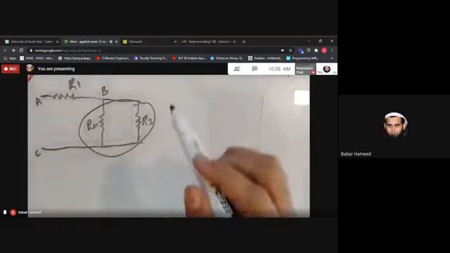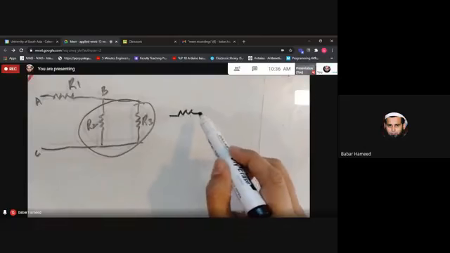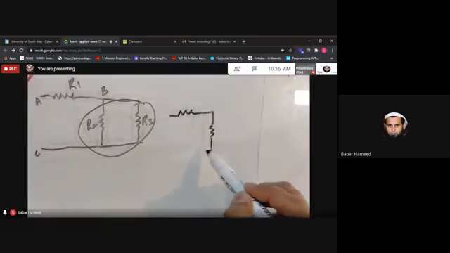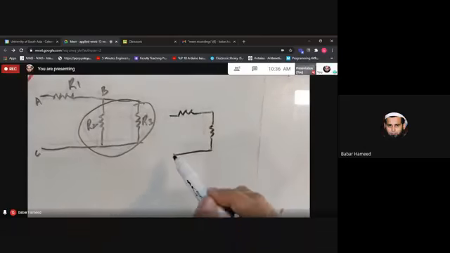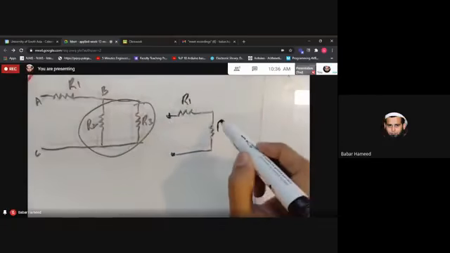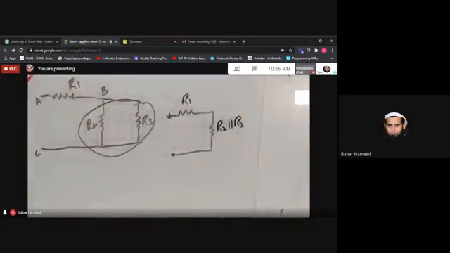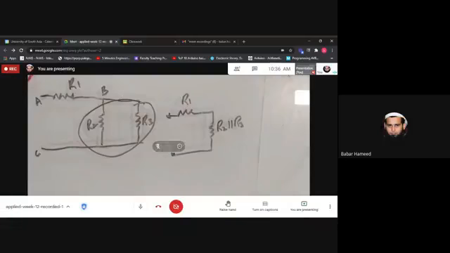So this can be redrawn as R1 and R2 parallel with R3. The result will be shown here. So I can say that R1 is in series with the parallel combination of R2 and R3.